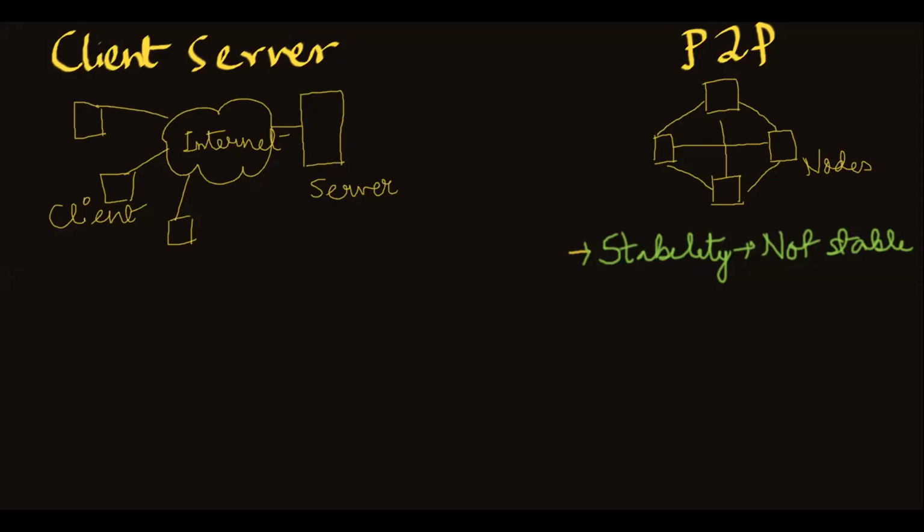Since the data is going bidirectionally, some problem can happen, and stability is not so good. But in client server architecture, the server is a very good architectural computer, a system made for the purpose of being a server, so it is much more stable than P2P. This is one disadvantage of P2P and an advantage of client server.